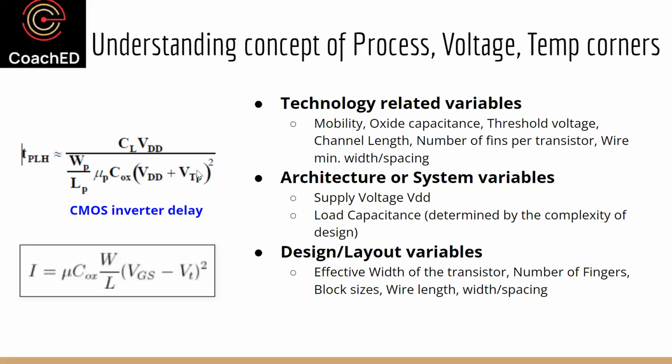And that slow circuit is called the slow corner. Complementary, I could have a case where VT could be smaller due to variation, L could be smaller due to variation, width could be more due to variation, and the circuit could become faster, and that is sometimes called a fast corner.